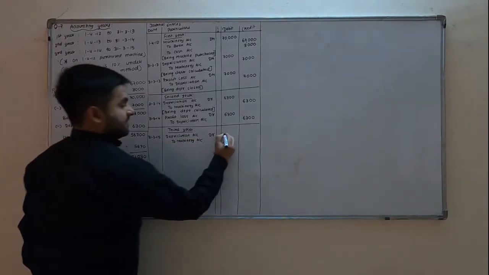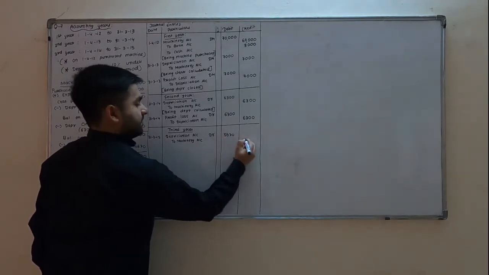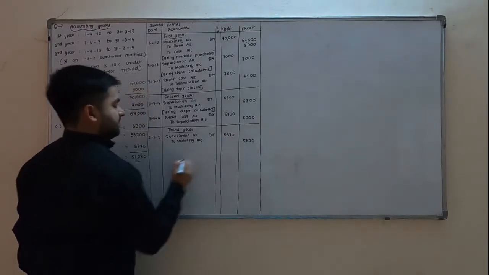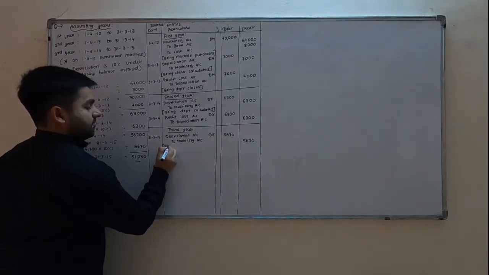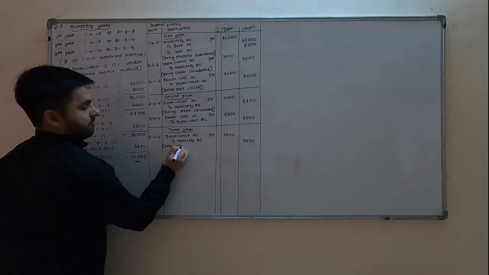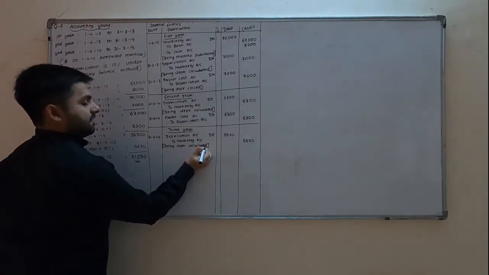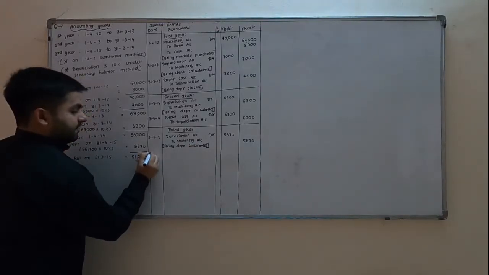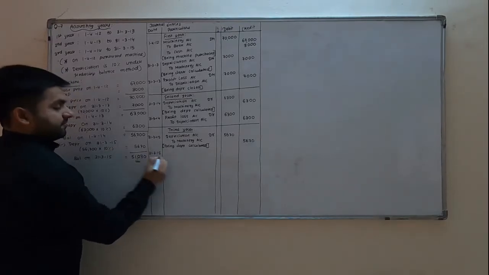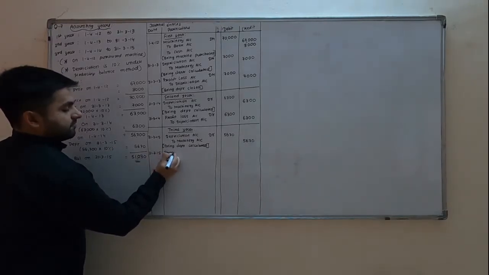Now it is 56/70. Being depreciation calculated. Now the last date 31/3/15, close it.